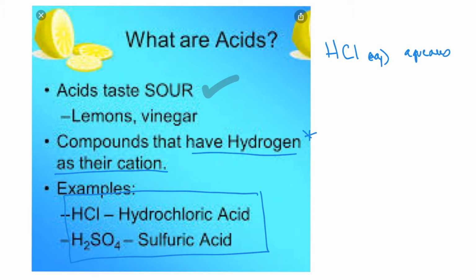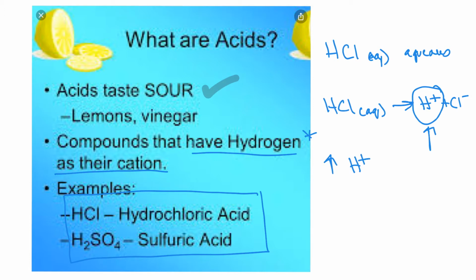In a lot of acids, we write it like this because it means that in water, what hydrochloric acid does is it ionizes and breaks apart into hydrogen proton and chloride ion. And this is what makes it an acid. So anything that increases the concentration of this H plus is an acid. All right. So that's a very simple definition of an acid.